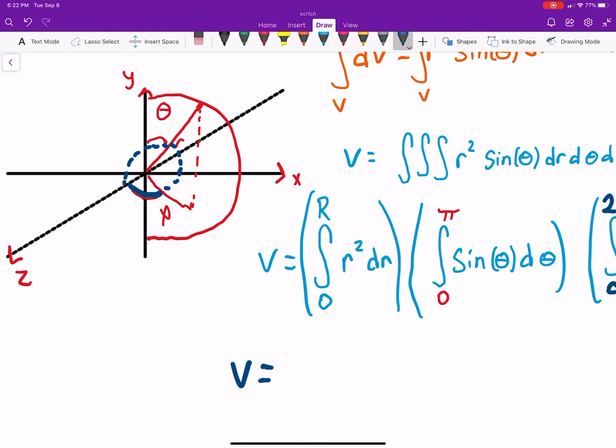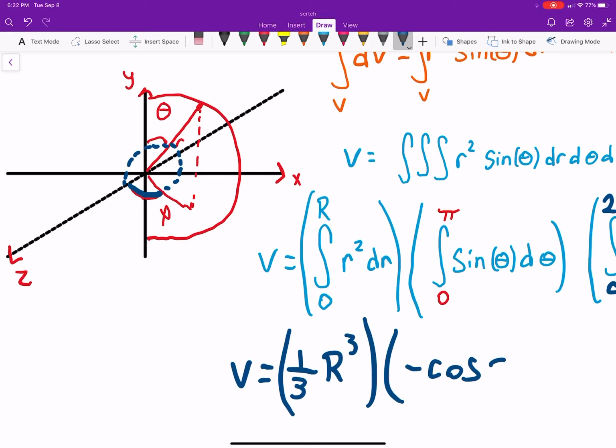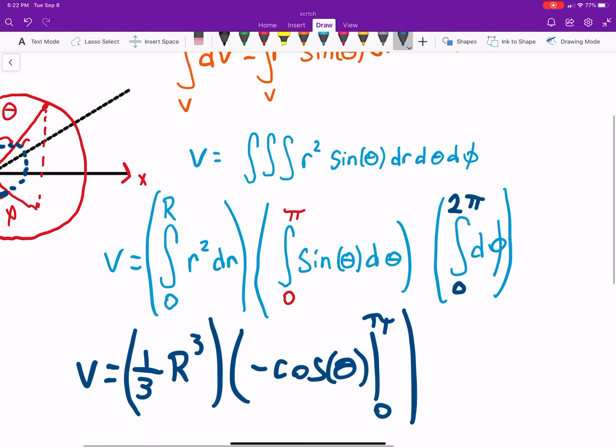And then just using a power rule, this is 1/3 r cubed. This is negative cosine theta, evaluated from 0 to pi. And then this is just 2 pi.